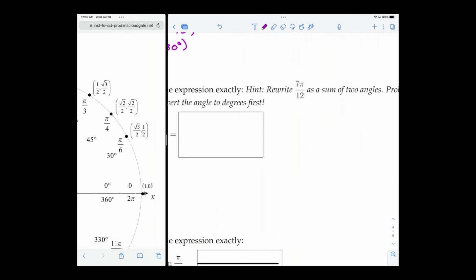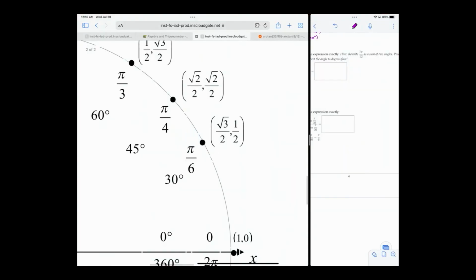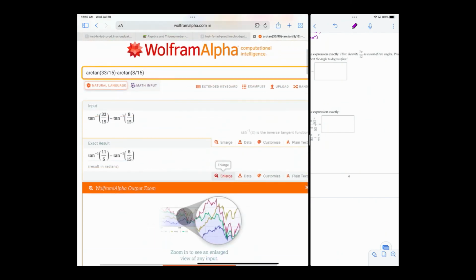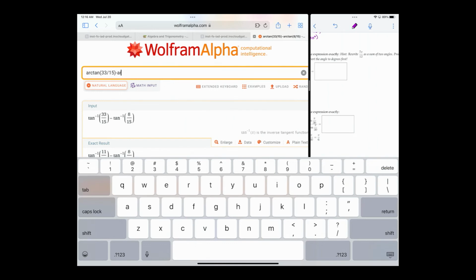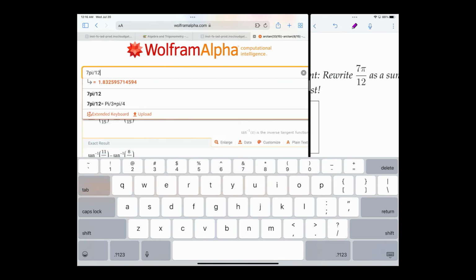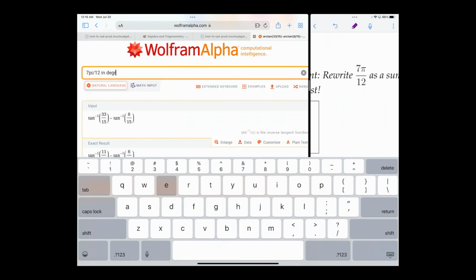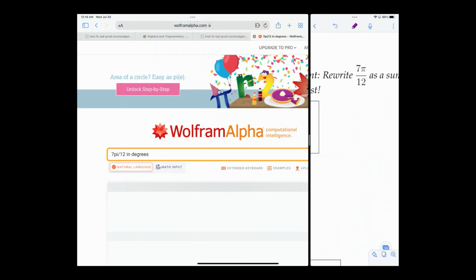So you can do that by hand, or I'm actually going to just do it here. It's not hard to convert angles to degrees, but we could save time this way. So 7 pi over 12 in degrees, you can try it that way.